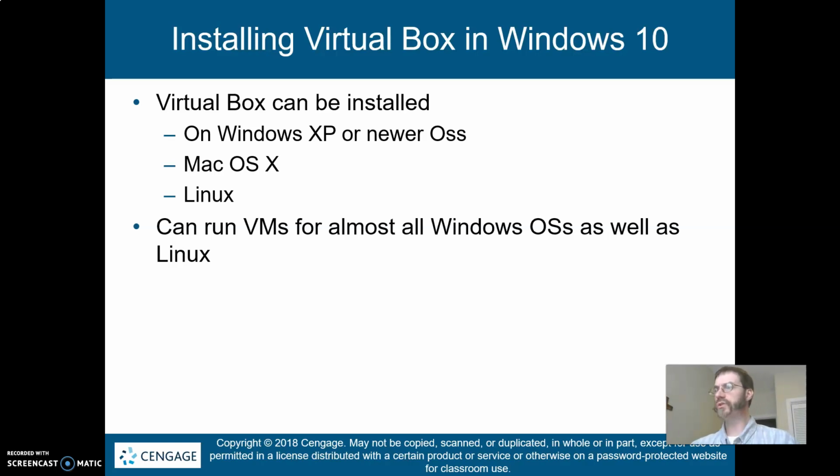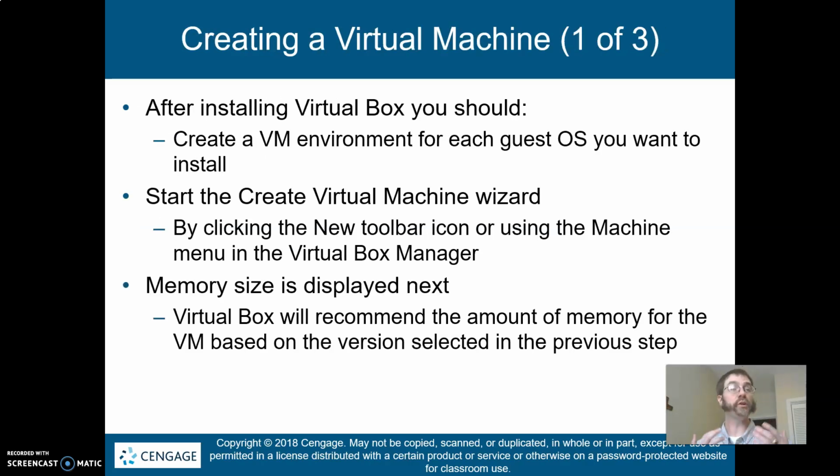Now, after you install VirtualBox, you're going to want to use it. A hypervisor with no virtual machines to hypervise is really kind of pointless. So what you're going to do is create a VM or a VM environment for every one of the guest operating systems you want to use. There's a little bit of terminological confusion here.